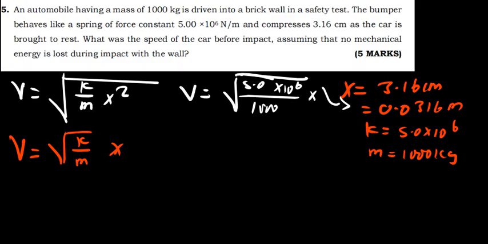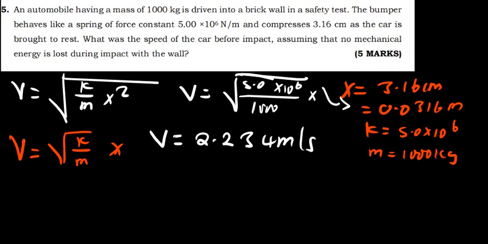So since I don't have space there, V will be equal to the square root of 5.00 exponent 6 divided by 1000, times 0.0316. Okay. So I'm getting velocity 2.234 meters per second.